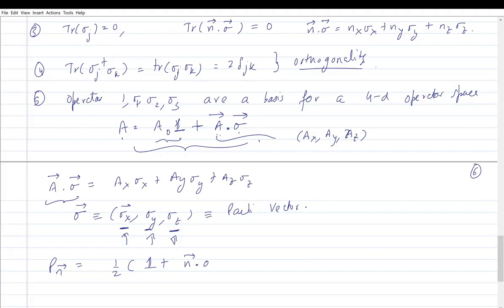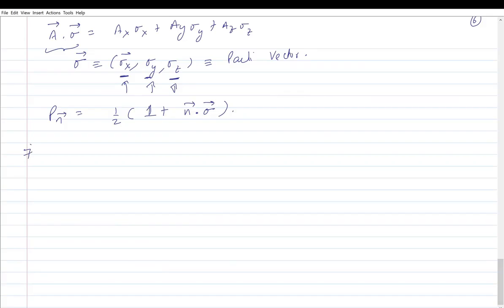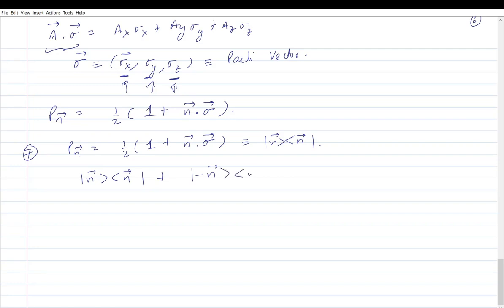you can work this out over here, and there's some more properties of the projector where I have this guy as, this is the same representation as the outer product, remember, and I also know that these projectors in opposite directions are going to form a complete set of orthogonal vectors, which is going to be the identity.